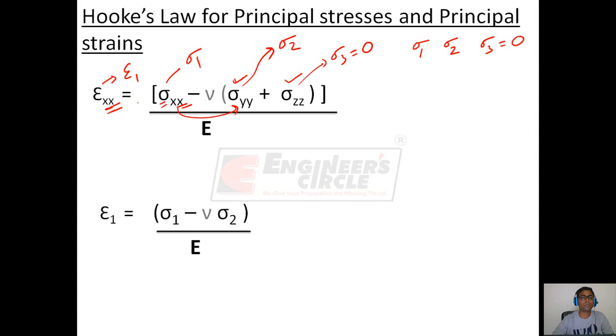Therefore, we get epsilon 1 as sigma 1 minus nu sigma 2 by E. Similarly, epsilon 2 can be written as sigma 2 minus nu sigma 1 by E. So this is Hooke's law for principal stresses and principal strains.